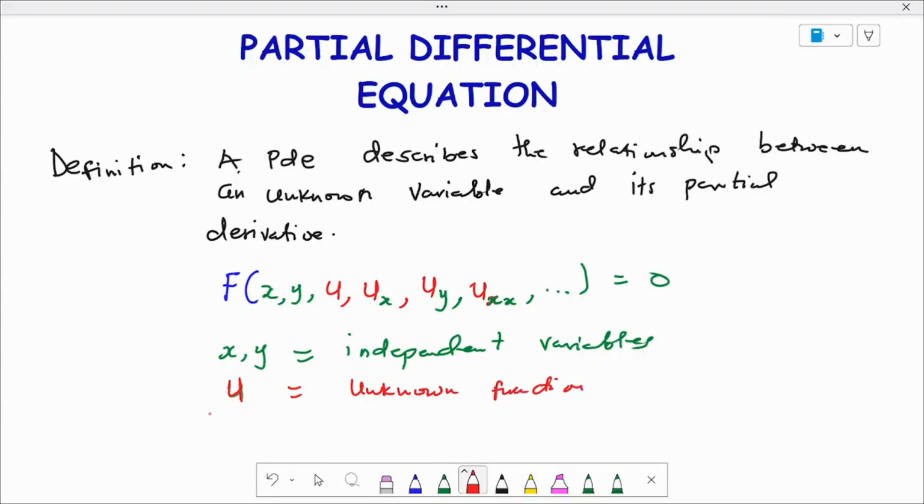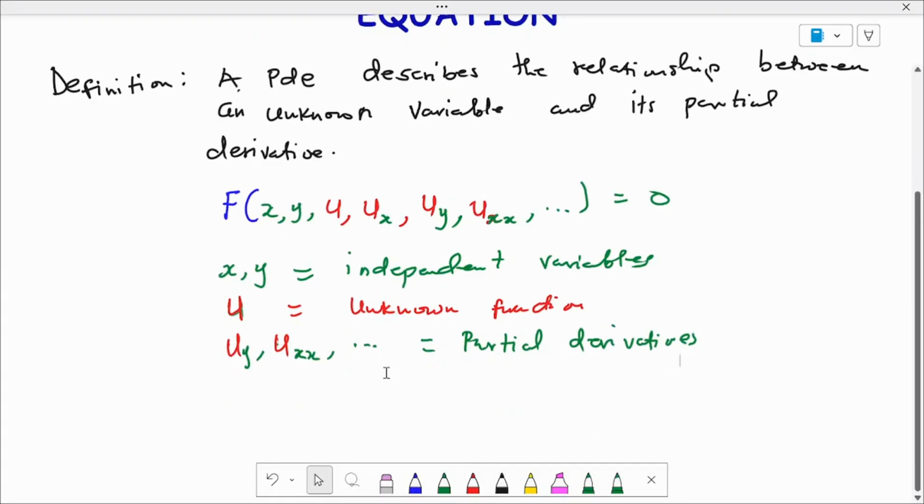Then ux, uy, and uxx, and the remaining ones, are all the partial derivatives. So in simple terms, that is the definition of a partial differential equation.